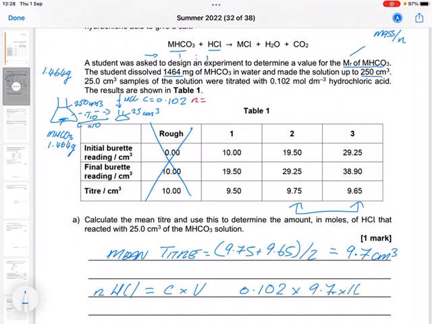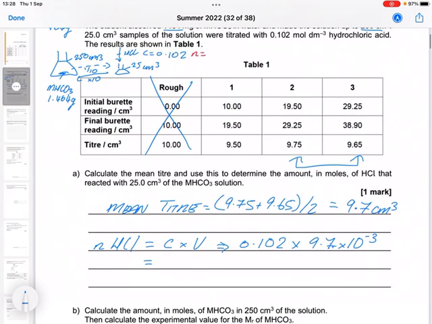And remember, I need to divide that by 1,000. So that gives me 9.89 times 10 to the minus 4 moles. Okay, so I've worked out the number of moles of this bit here.